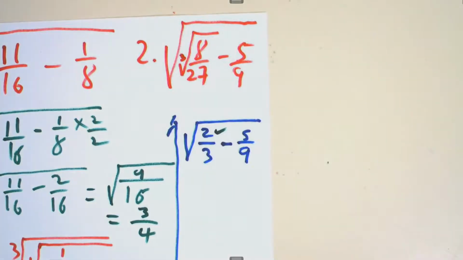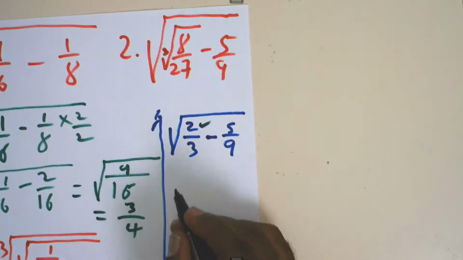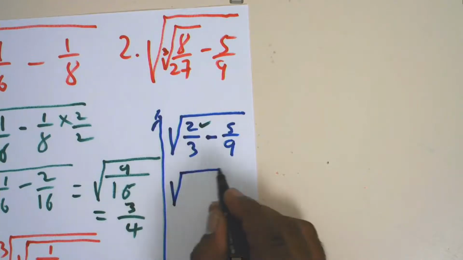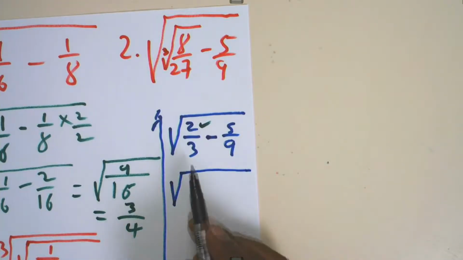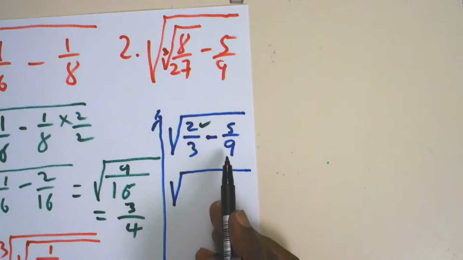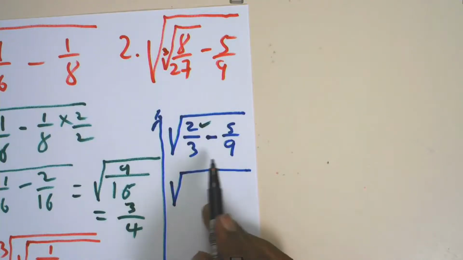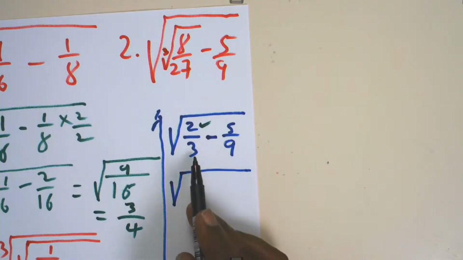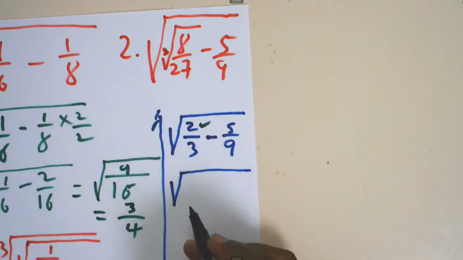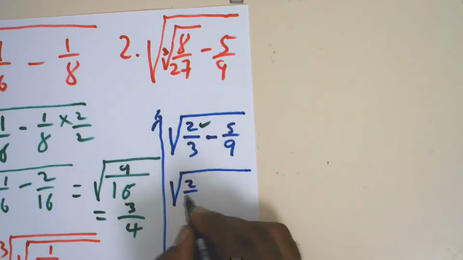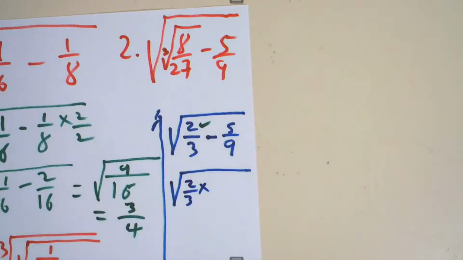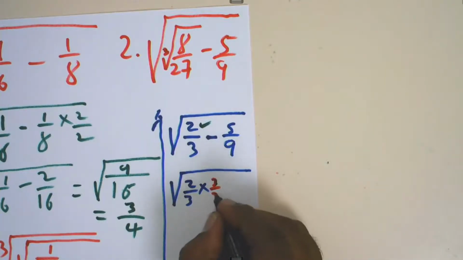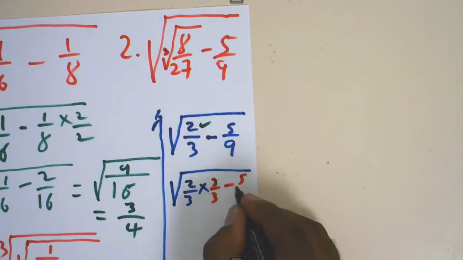That's your 1 step, not necessarily 1 mark, because I said mathematics is a step-by-step process. Now you check here. You've got 9. What would be your LCM? LCM would be 9. How do you make 3 to be 9? You multiply it by 3. Therefore, say 2 multiplied by 3 over 3 minus 5 over 9.